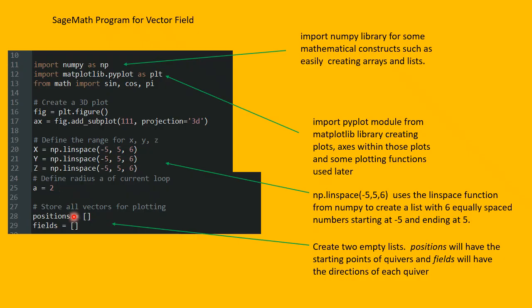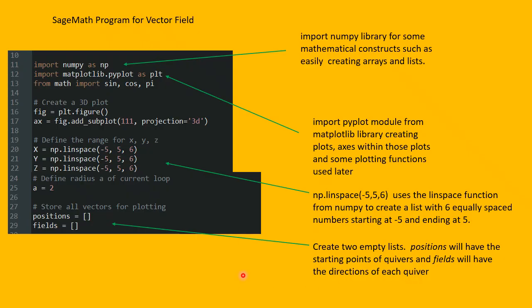When we come down here, we have positions equals an empty list and fields equals an empty list. So we created two empty lists here. What will happen later is we'll fill up the list positions with the starting points of quivers, arrows basically, and the fields list is going to have the directions of each quiver.